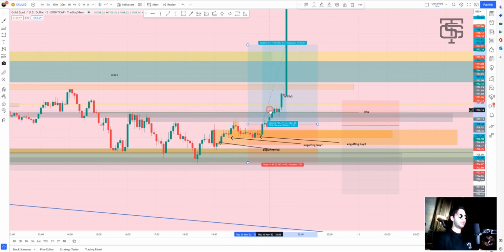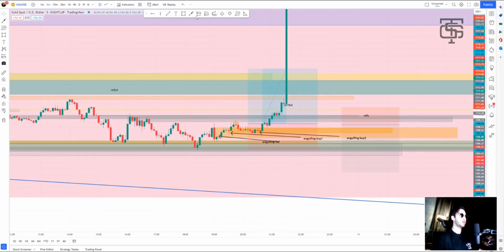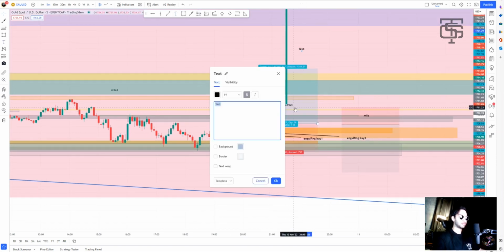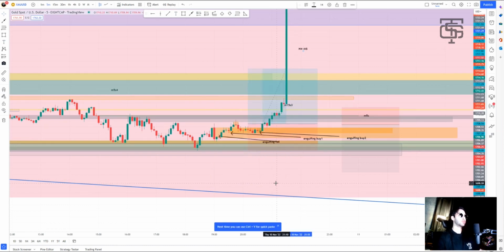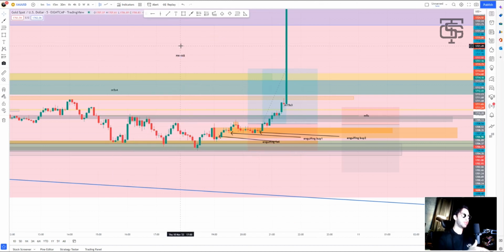Anything that retraces into the red box is for the buy based on the setup of H4 and M5. Easy. The topic today is to make sure you understand the power of H4 with M5 and M15.